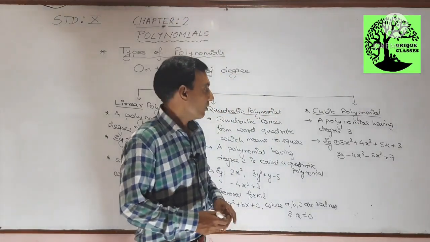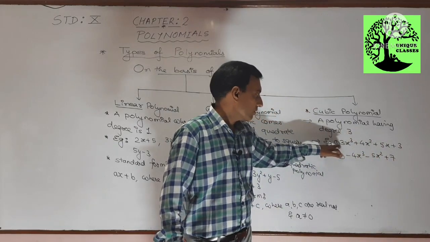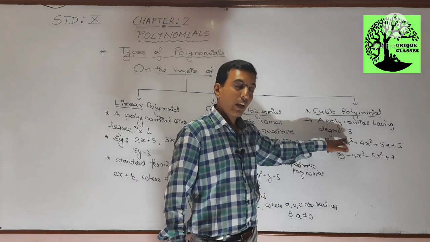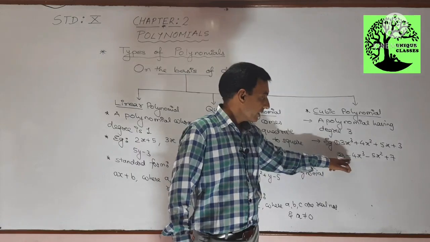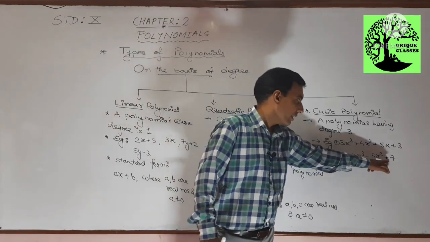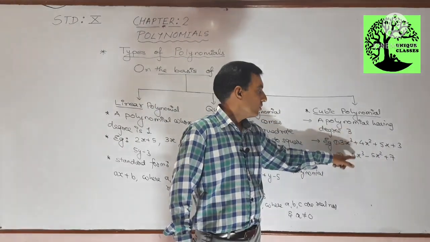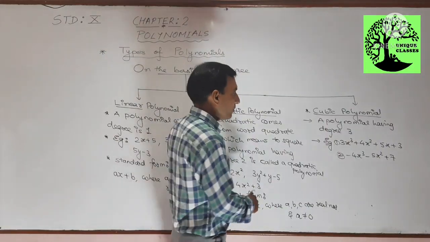Okay, so in both these examples, student, if you find the degree, in the first one it is 3, the highest power of x, and in the second one if you find the degree of the variable, that is x, you will find that the highest power is 3. So, these are examples of cubic polynomials.